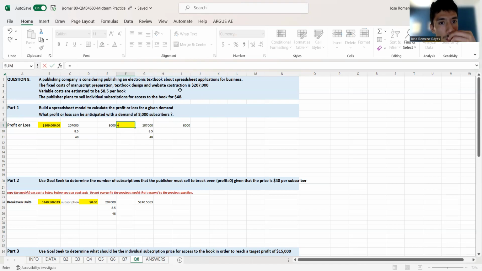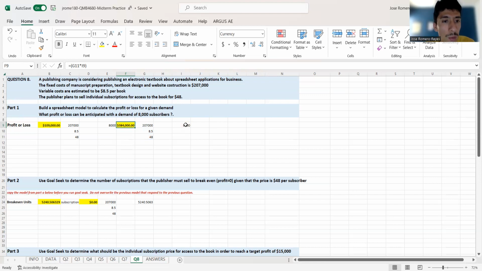The fixed cost is 207; that will go last. Let's go with the profit first. So we'll go $48, which is the price of the book, times 8,000.